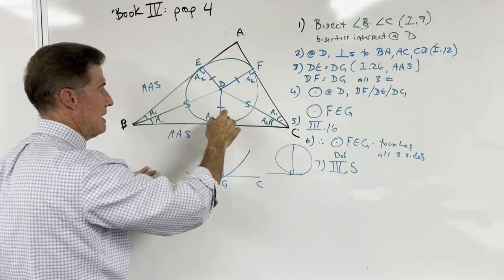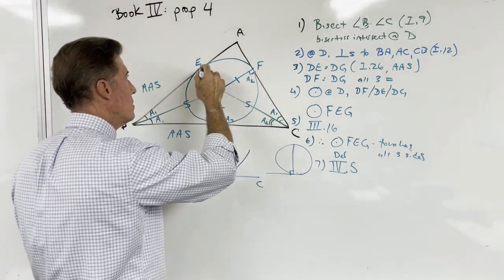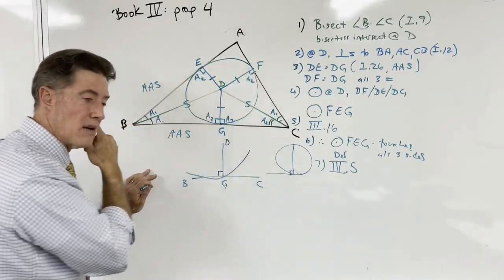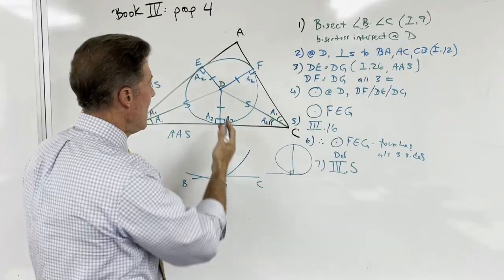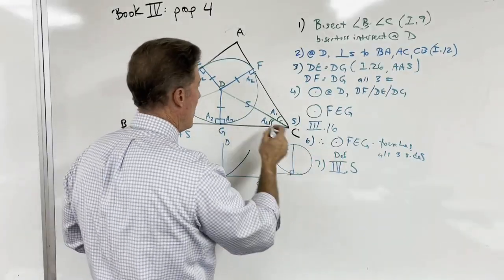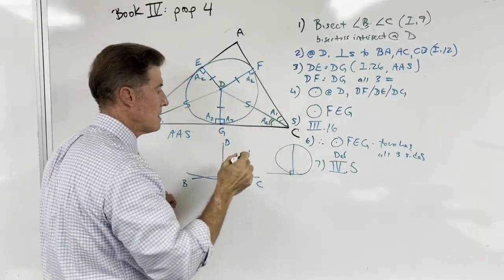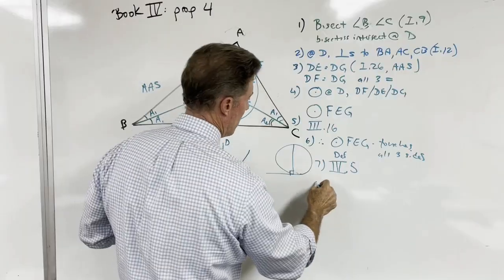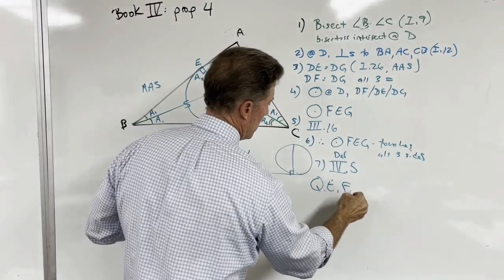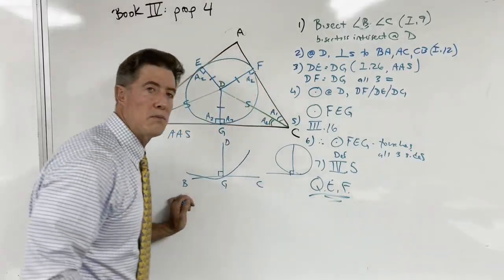That's what inscribing is: when the circumference of the circle touches each of the sides of the figure in which it's inscribed. And so we've done that. We've constructed a circle, FEG, where the circumference touches each of the sides of the triangle, and therefore we have done what we were given to do, which is a construction proof. Therefore we can conclude QEF.